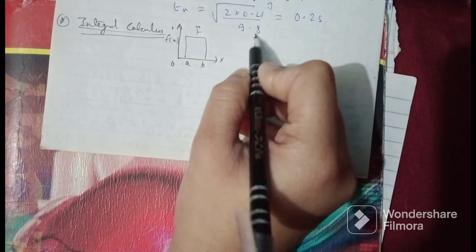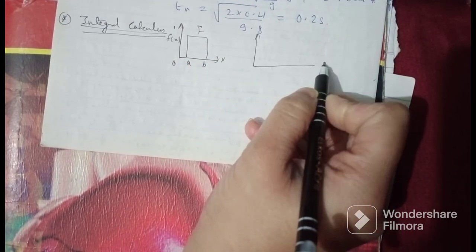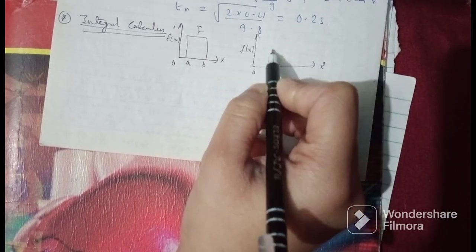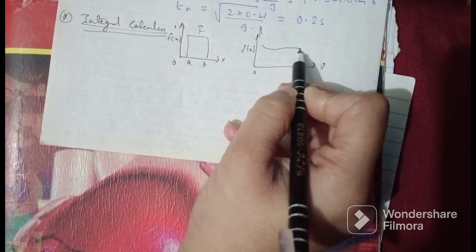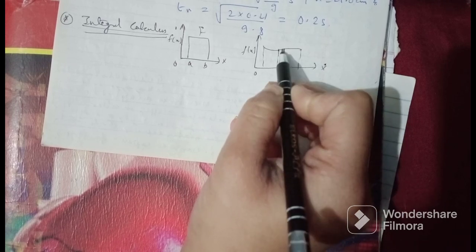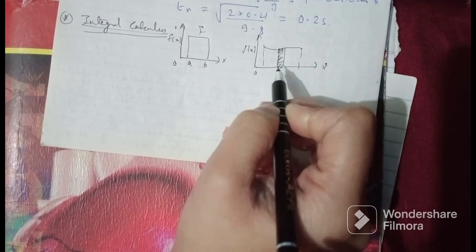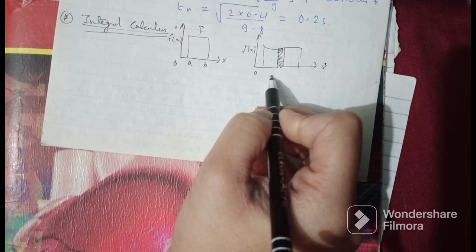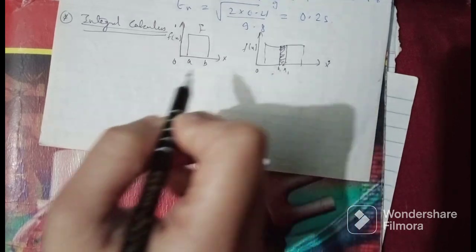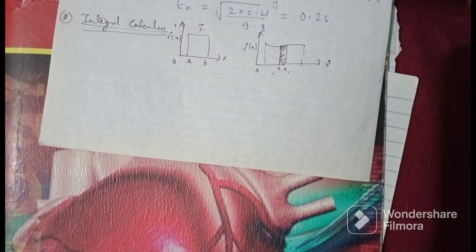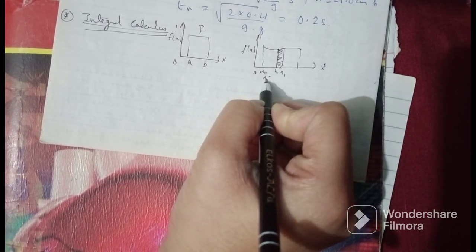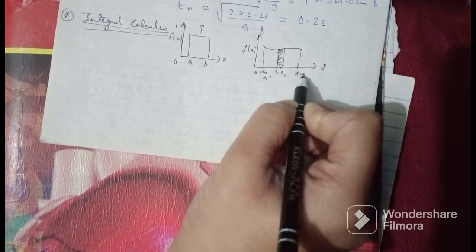For another one, x, f of x, 0, the graph is like this. This is x2 minus x1. This is the point A, which is x0, and xn, which is the point B.